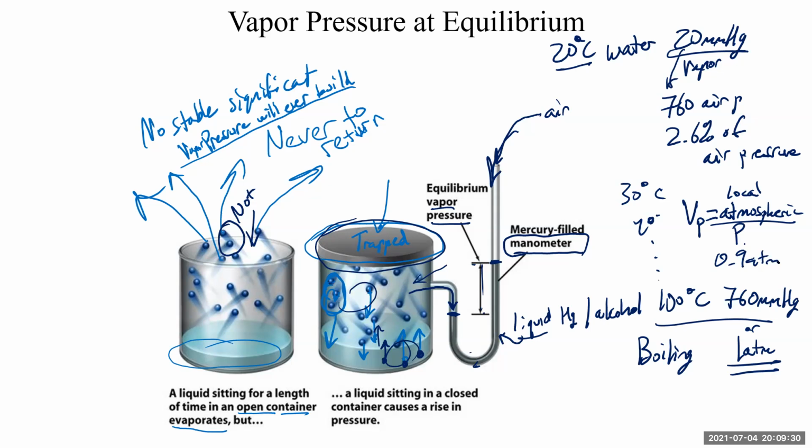You are at such high altitude that your air pressure is lower. Remember, the higher up you go, up a mountain or up in high altitude, air pressure goes down. So if you live really high up, your local air pressure might be 0.85 atmospheres, which means the vapor pressure of your water is going to match that at a much lower temperature.